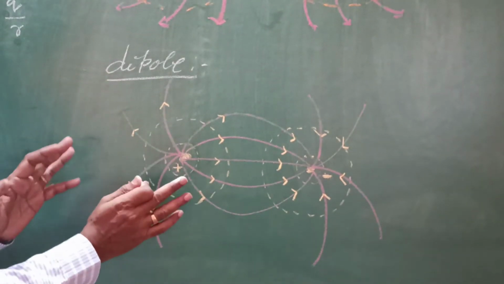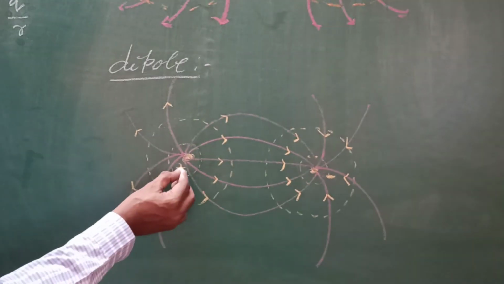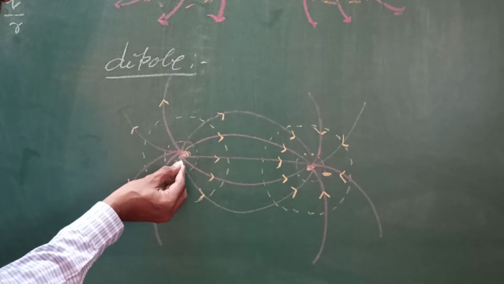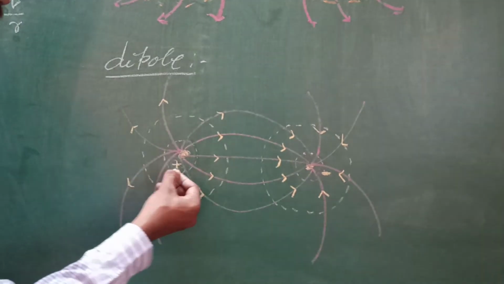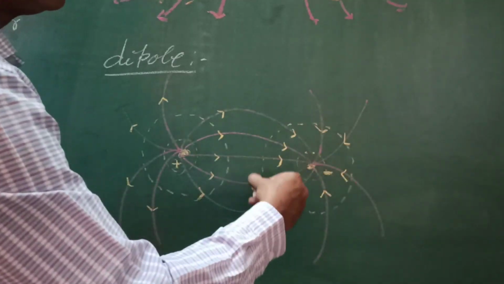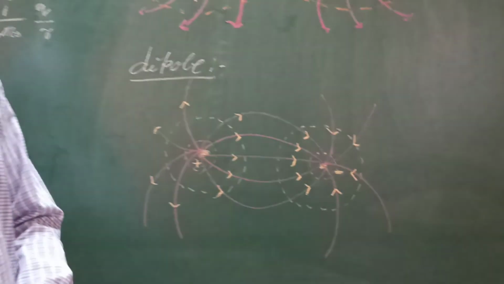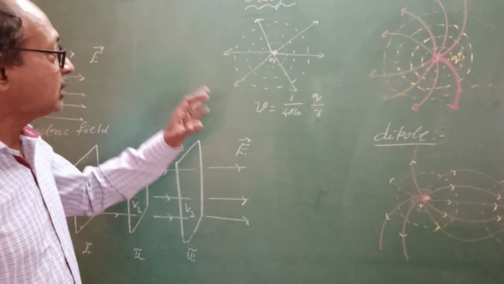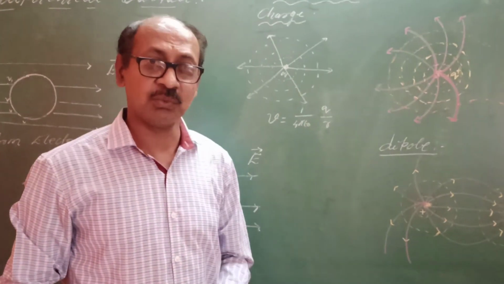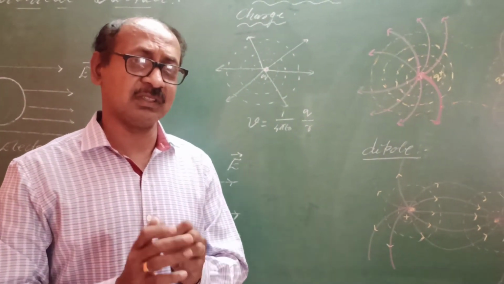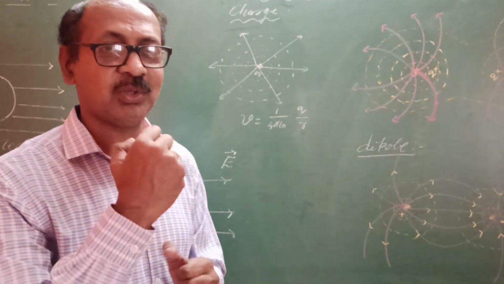The electric field starts from the positive and ends at the negative. So this is what we can say about equipotential surface. The overall meaning of the equipotential surface is a surface which has equal potential.